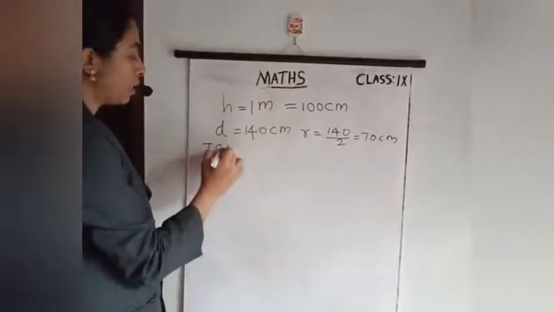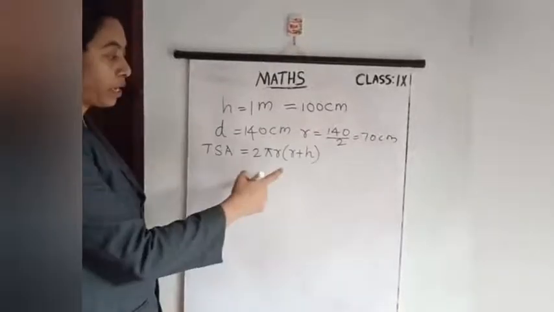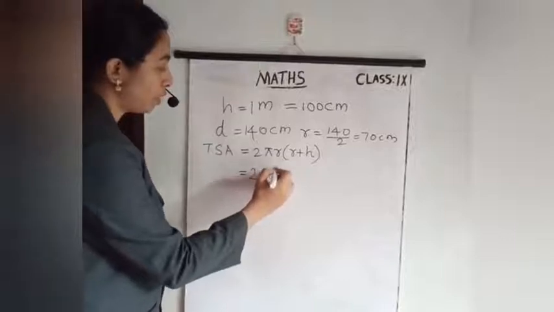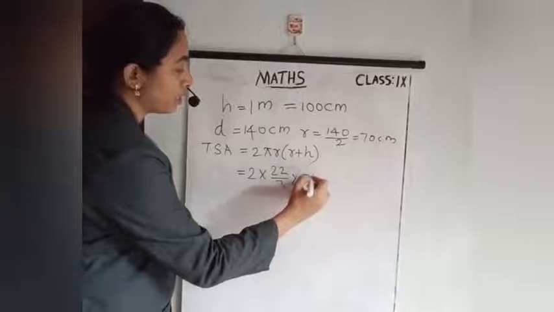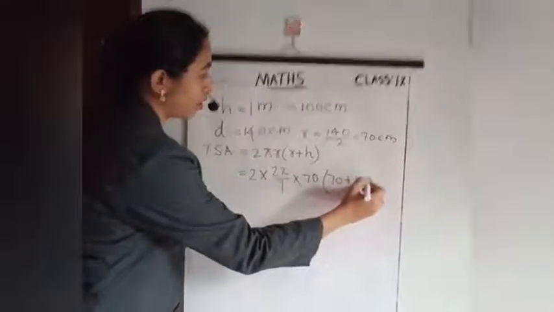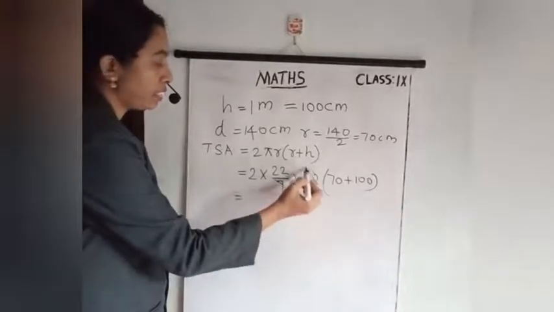area of a closed cylinder. So total surface area equal to 2 pi r into r plus h. Now substitute the values. 2 into 22 by 7 into r, which is 70, into 70 plus 100. Now we can cut this 7 and 70. 7 tens are 70.